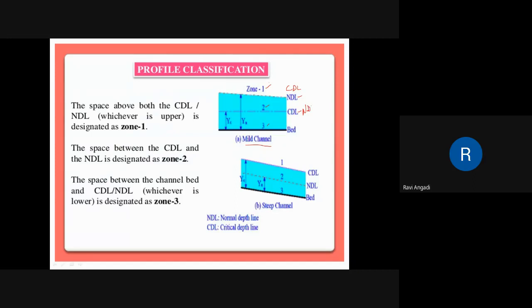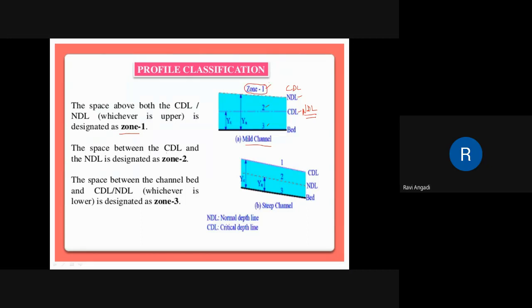I hope you're understanding what I'm saying. Sometimes the critical depth line may be here, or it may be the NDL. So above CDL and NDL, the zone lying there is called zone 1.